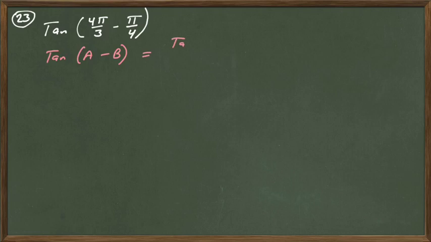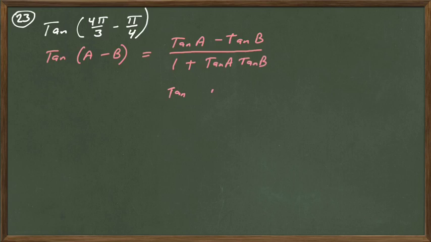I believe it's tangent A, same sign, minus tangent B, over 1 plus tangent A times tangent B. So let me just fill these in. Tangent minus tangent, over 1 plus tangent times tangent.